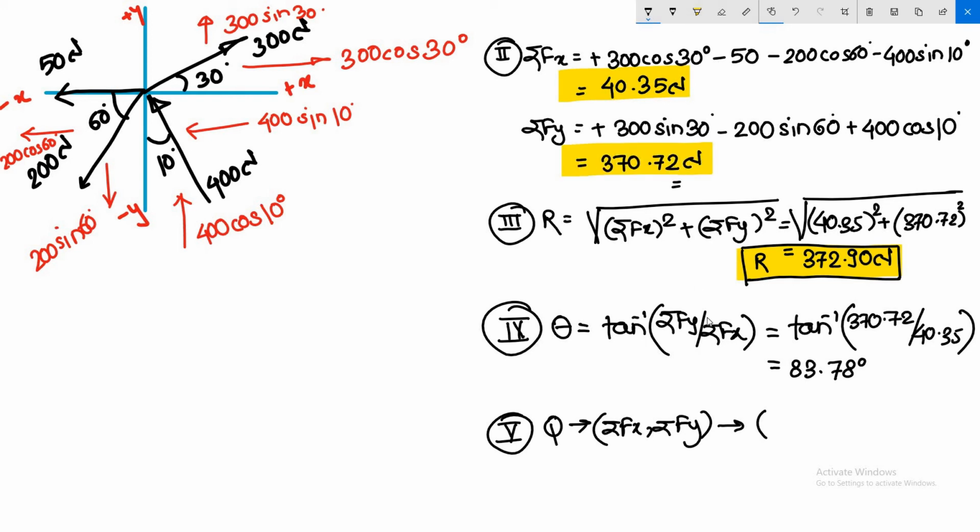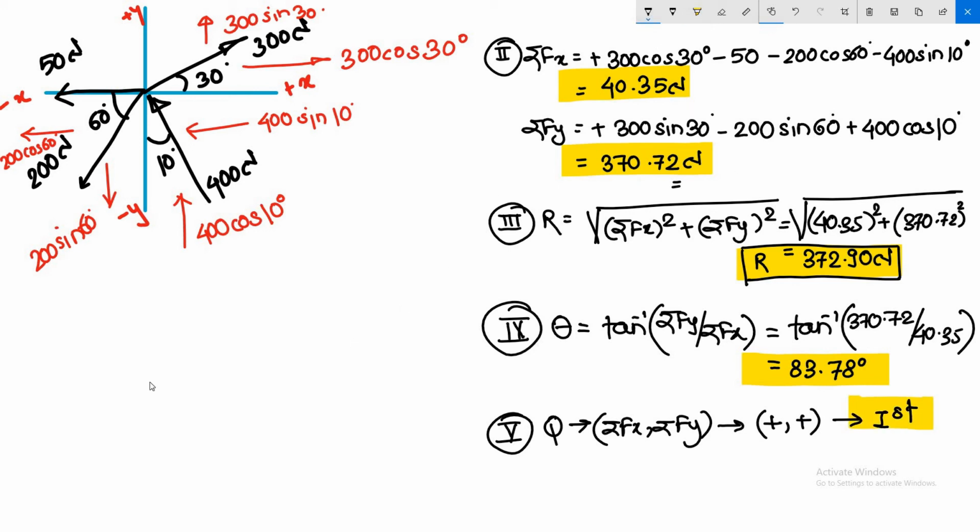Therefore the sign convention is plus, plus. Which quadrant shows plus, plus? Quadrant number 1, the first quadrant. Therefore we know everything regarding our resultant: its magnitude in Newton, its inclination with the x-axis, that is theta, and the quadrant where it is positioned.